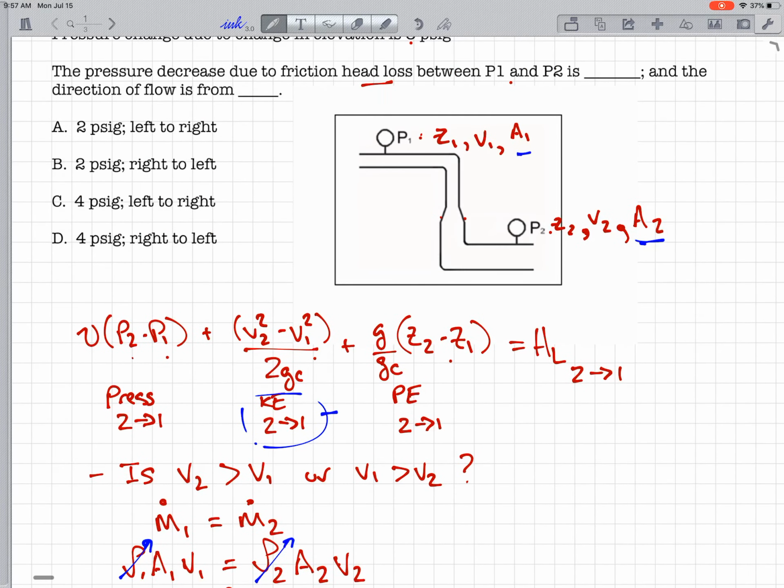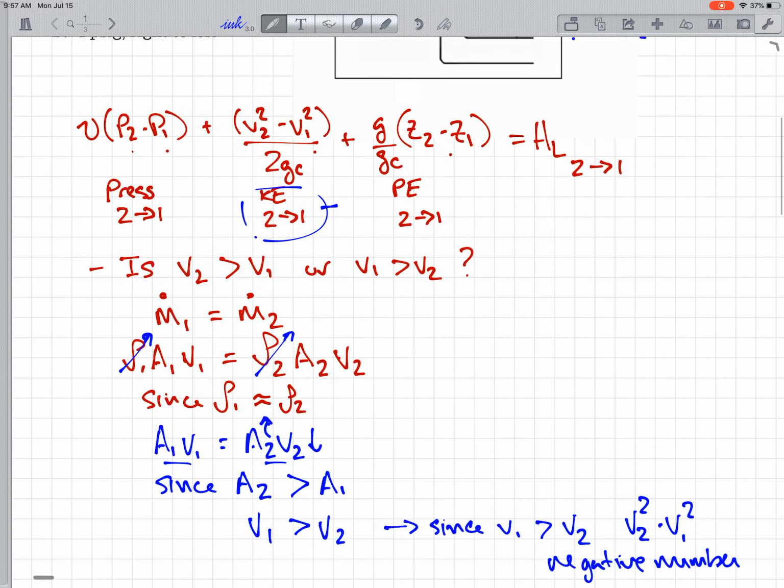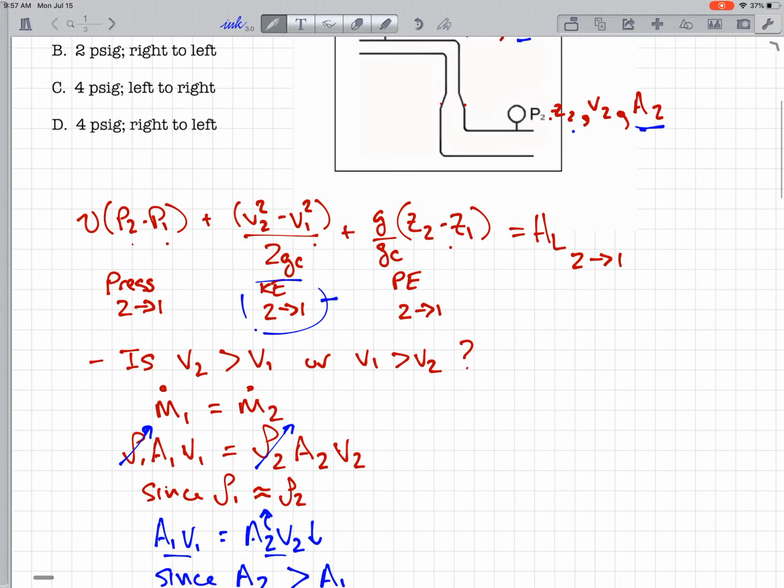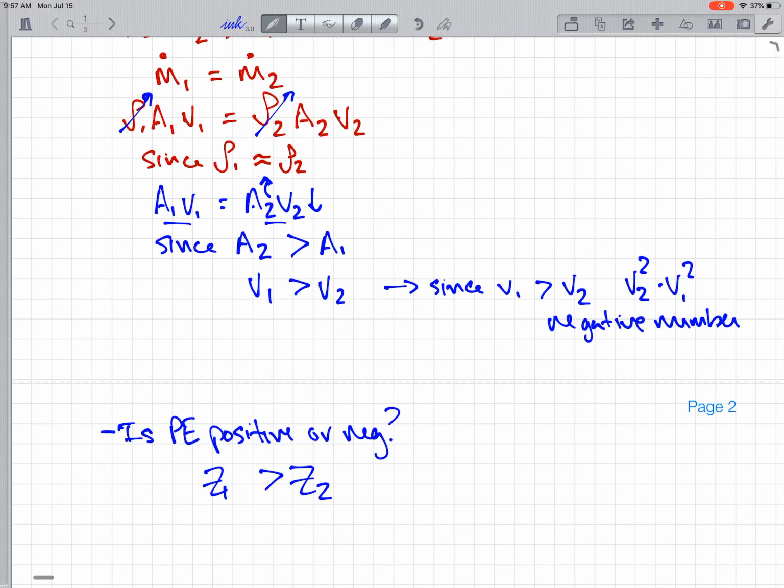So we look at our drawing, we've got Z1 up high and Z2 down low. We'll just define that as up high at Z1 and say Z1 is greater than Z2. Therefore Z2 minus Z1 is going to give us a negative number.